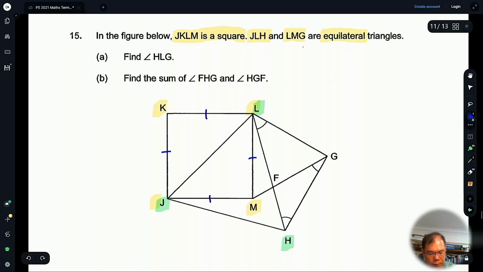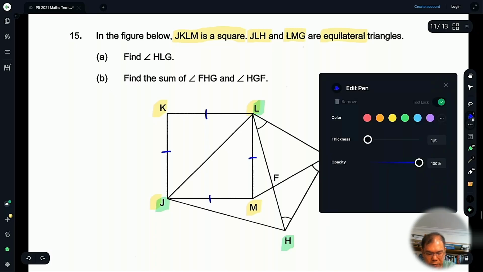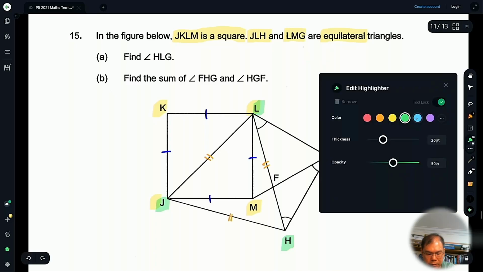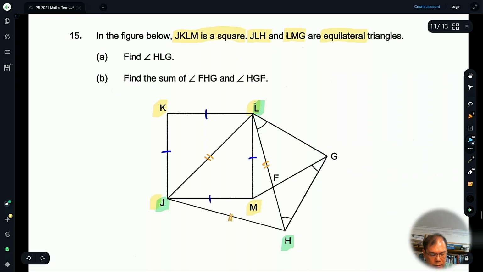Maybe I use a different color to indicate that they are equilateral, as well as L, M, G is also equilateral.